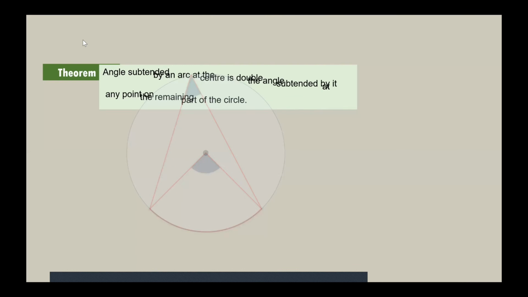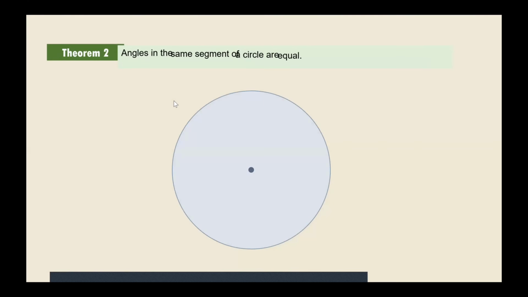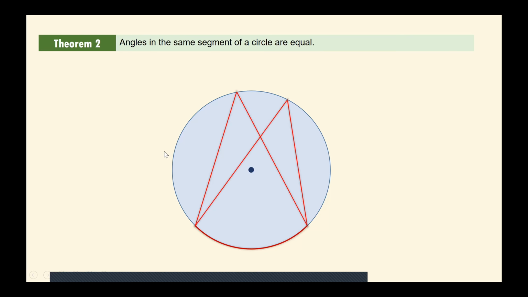Moving on to the next theorem, which says angles in the same segment, meaning different angles made by the same arc, are all equal. This is because each of the angles on the circumference has the same central angle.